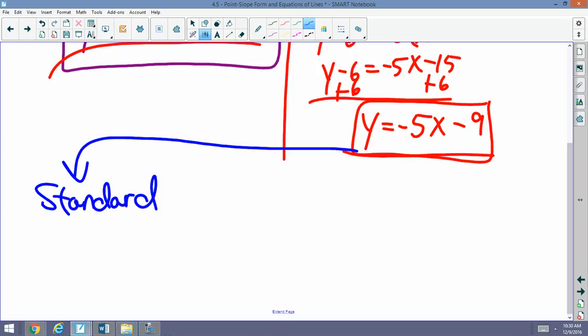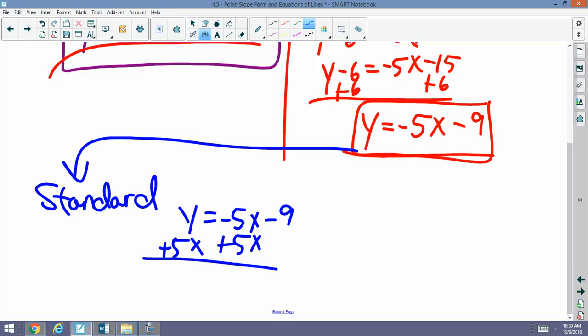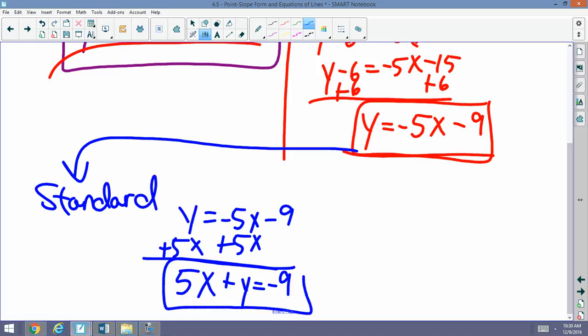No, because I have y equals negative 5x minus 9. If I want standard form, I want the x and y together on one side, but I want a to be an integer, which it is at this point. And now I'm golden. I have it in standard form.